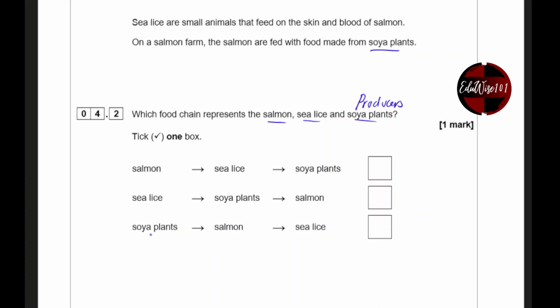So it would be the soya plants, followed by the salmon, which eat the soya plants, which is being fed on by the sea lice. Remember, these arrows show the energy transfer direction. So the energy from the soya plants goes into the salmon, and from the salmon it goes into the sea lice when they feed on their blood.